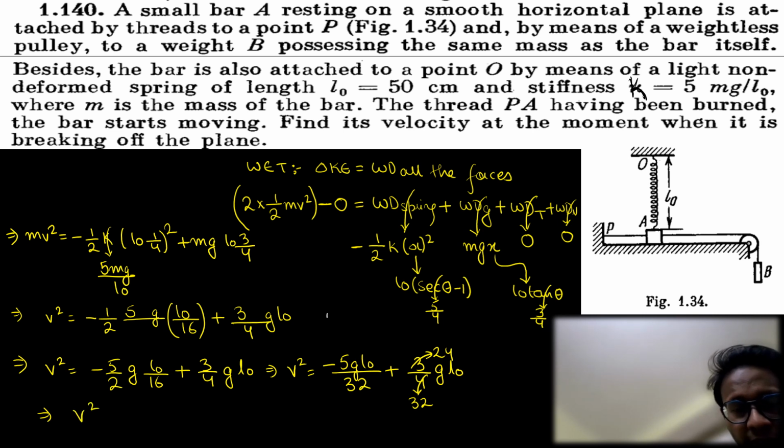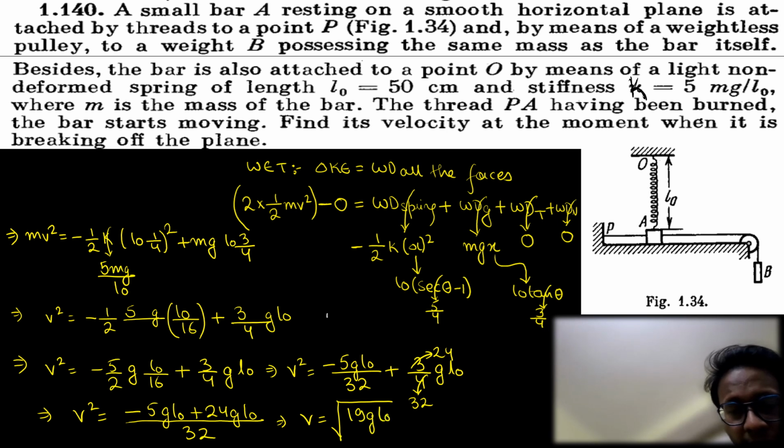So V square is equal to minus 5 g L naught plus 24 g L naught by 32, or V would be under root of 24 minus 5, which is 19 g L naught by 32. So the velocity of the block when it will just break the contact from the surface is nothing but the square root of 19 g L naught by 32.